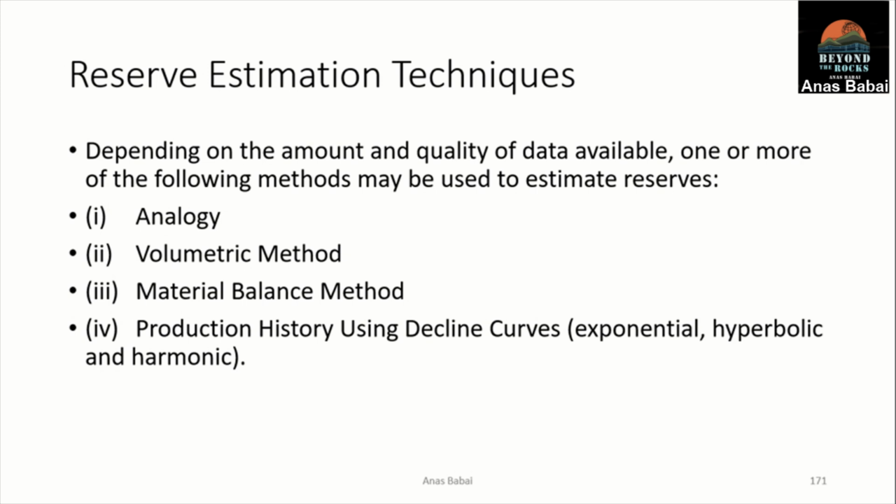The volumetric method is the one we are going to cover now. The material balance method is based on the fact that the hydrocarbon reserve is equal to the amount of hydrocarbon that has been produced plus the hydrocarbon which is still in the reservoir.